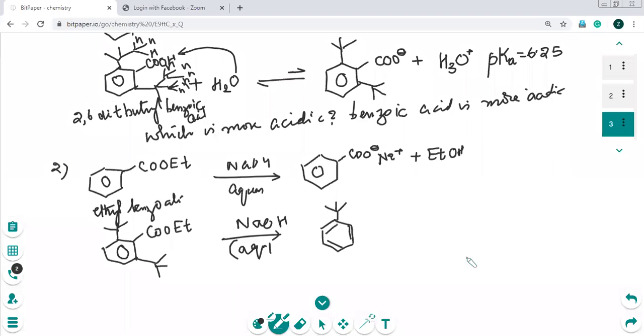Why? Same reason. The two bulky T-butyl groups will prevent the OH group from approaching the COO and breaking this bond.